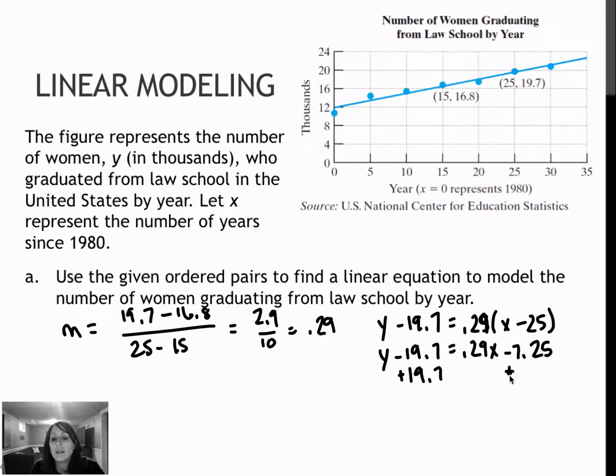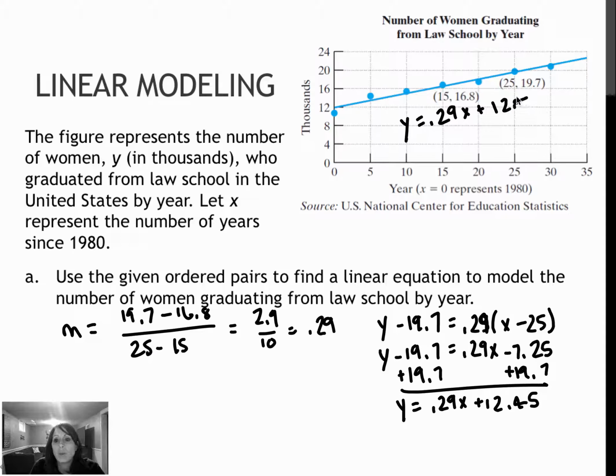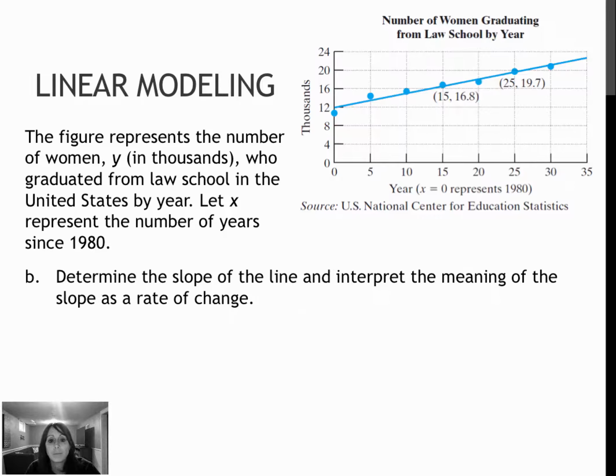I'll add to each side to get y equals 0.29x plus 12.45. So this is now the equation that I will use to predict. So this equation doesn't change. I often have students who try to change this equation or use point slope form again, but this is the equation that I'm going to use moving forward. So anytime they ask me to interpret something or predict something, this is the equation I'm referring to.